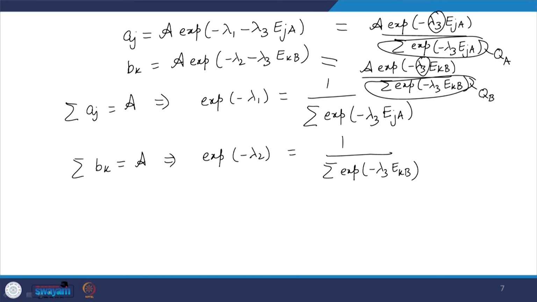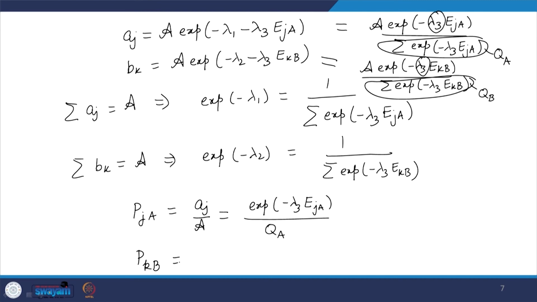The other way to think about it is we can define the probability for a system A to have energy Eja as something like Aj by A, and that is equal to exponential of minus λ3 Eja by QA, and the same thing we can do for the B systems.